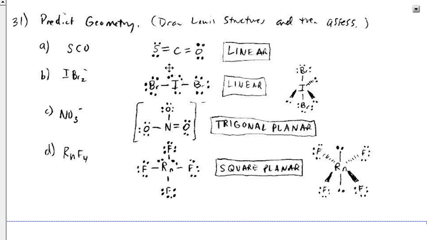For the second one, it might be a little obscured that this should really be linear. So this has a basic structure of trigonal bipyramidal, because there are 5 items surrounding the central iodine. The 5 items are 2 bromines and then 3 unshared pairs of electrons. They're going to try to separate as far apart as possible, so B should be linear as well.